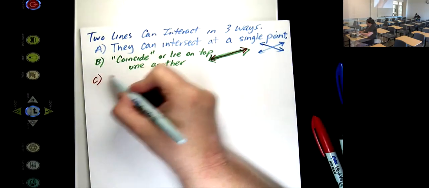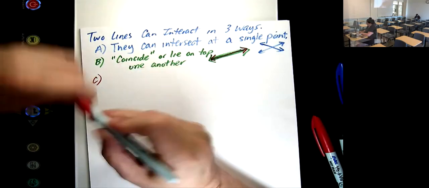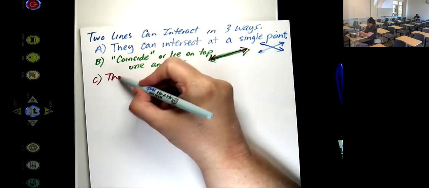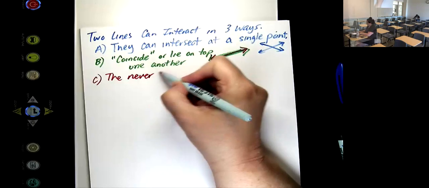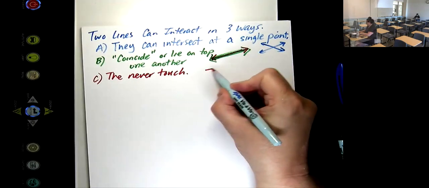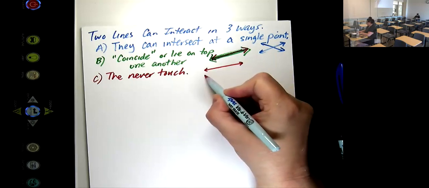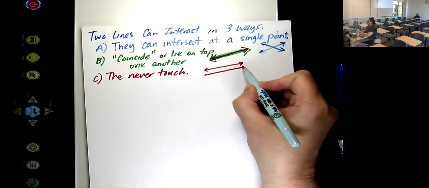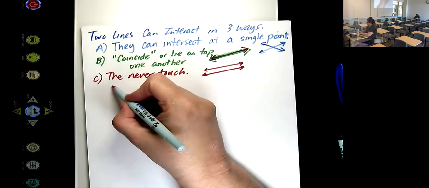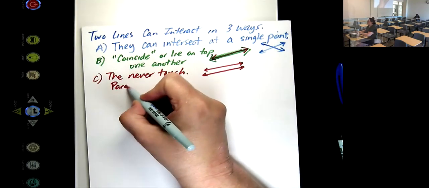And option 3 is they never interact. Never touch. When they are like this, we call them parallel lines.